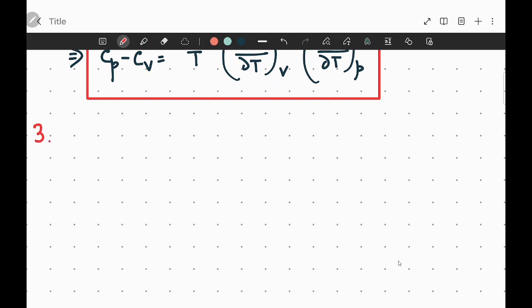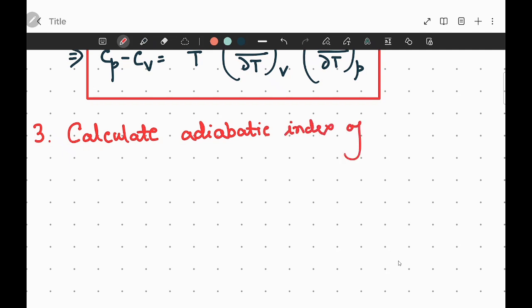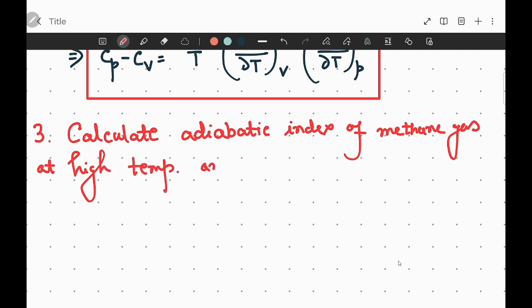No. You know the concept, but you don't know the term actually. So let me write it. Calculate the adiabatic index of methane gas at high temperature, very low temperature.